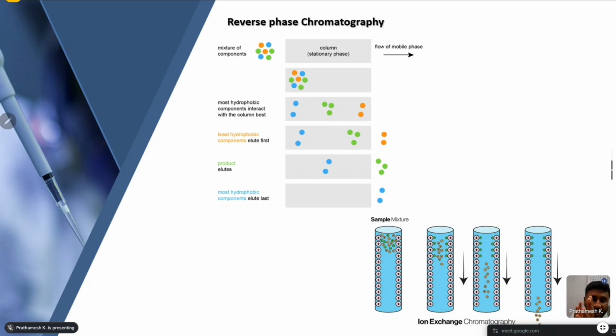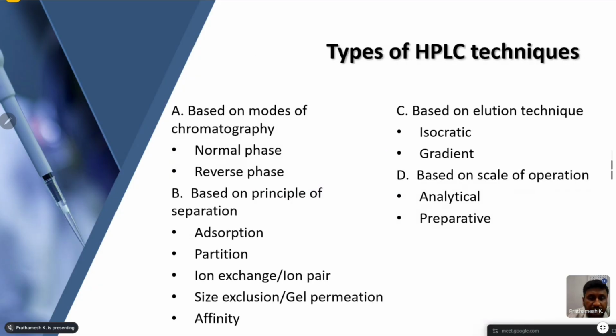So basically, your analytes or your component mixtures are getting partitioned between two immiscible liquids. Understood? So the analyte which loves the liquid of the mobile phase comes out first, and the analyte which loves the liquid of the stationary phase comes out last. Okay, so that is your partition chromatography.